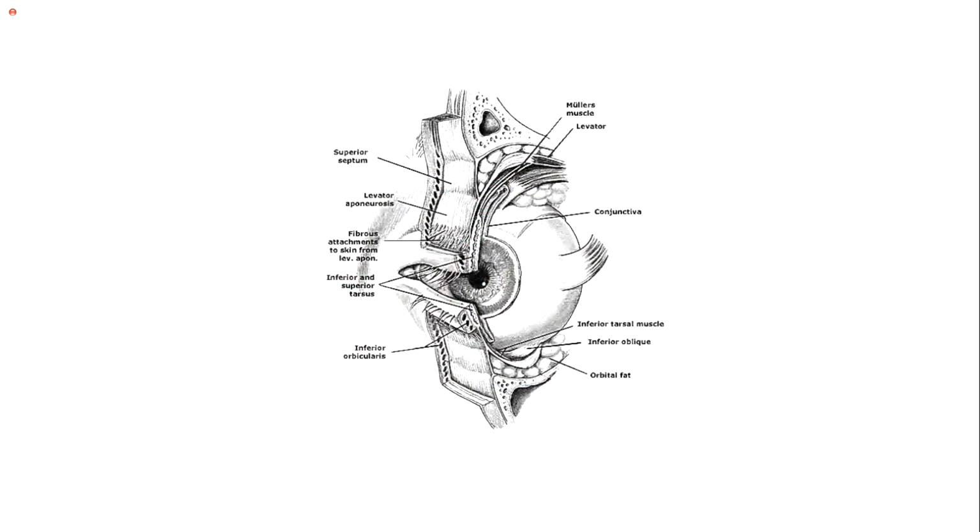So there you have the cartoon of the muscles elevating the eyelid. Which are the muscles? The main muscle is levator palpebrae superioris, which is innervated by the third cranial nerve. There is also the Muller's muscle, which is innervated by the sympathetic fibers.